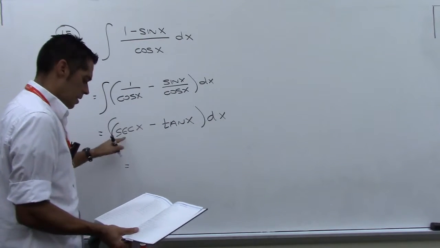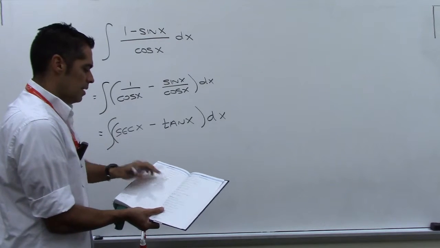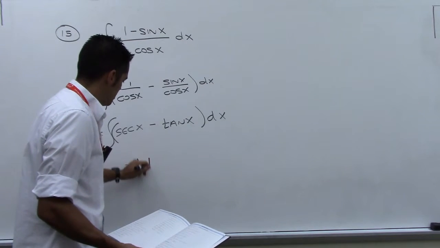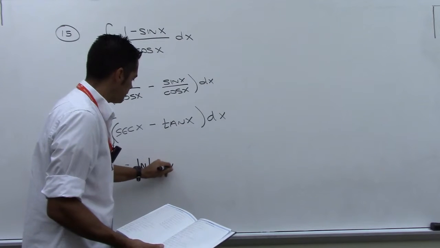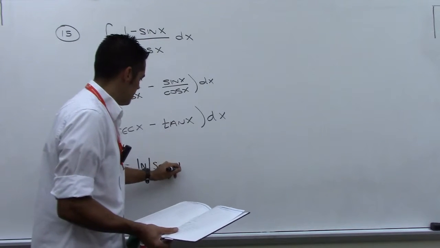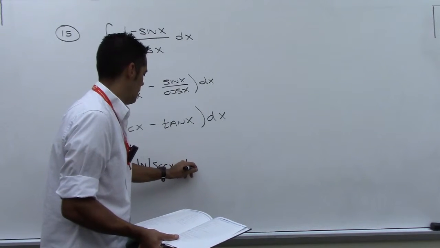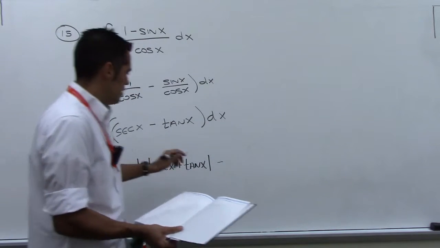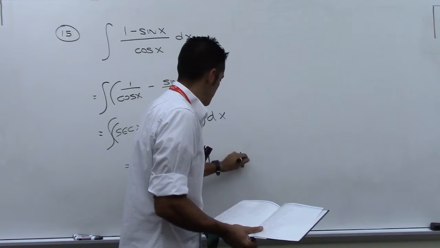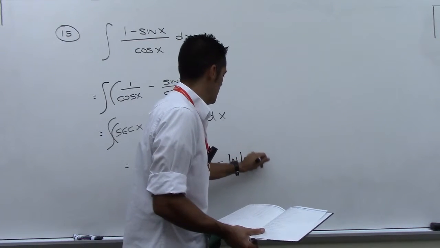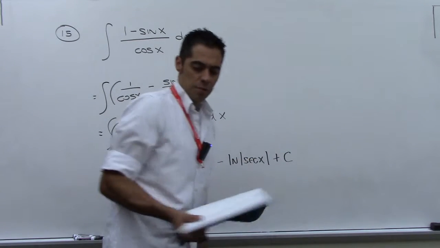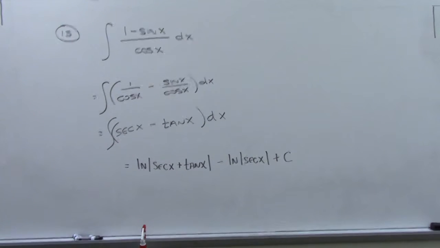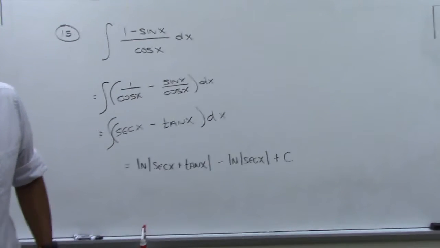This is equal to, okay, the antiderivative of secant is going to be natural log absolute value secant x plus tangent x, and then minus the antiderivative of tangent x, which is natural log of secant x. Now there are other ways you can do this problem, but I think that's probably the easiest way. So I'll stick with the easy way.